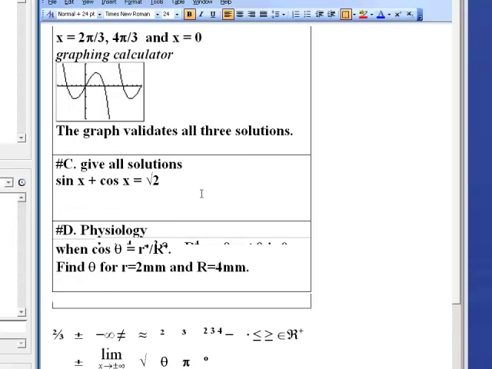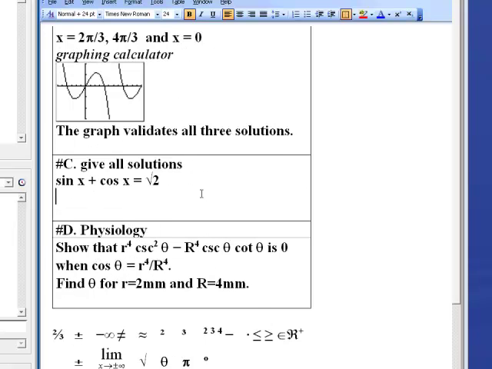Give all solutions to sine plus cosine equals square root of 2. Well, let's see what we're going to do here. I think what I'm going to do is get the cosine to the other side and then square that equation.